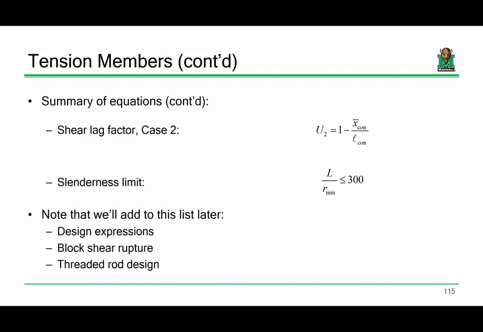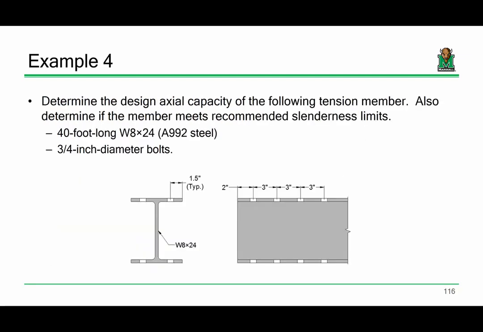Now we're going to add to this list later when we add block shear, design expressions, and threaded rod design, but this is the first chunk of tension members in this course. When we come back on Monday, we are going to do a full-blown analysis problem start to finish.